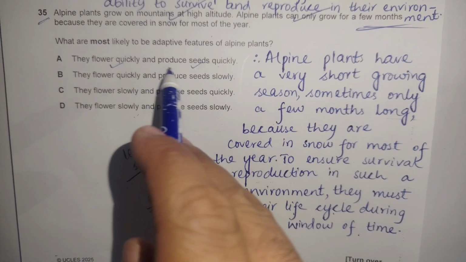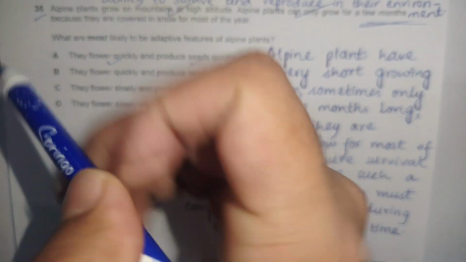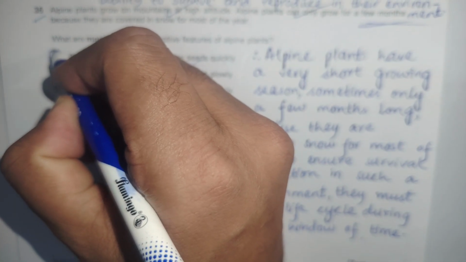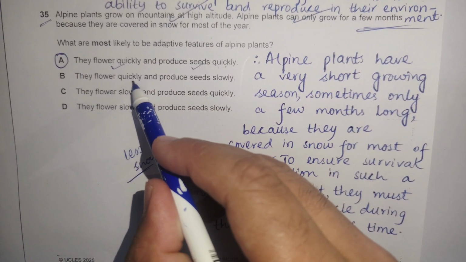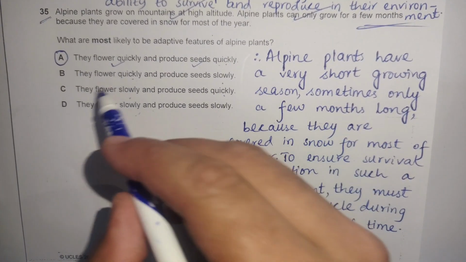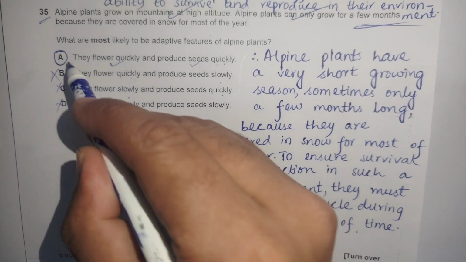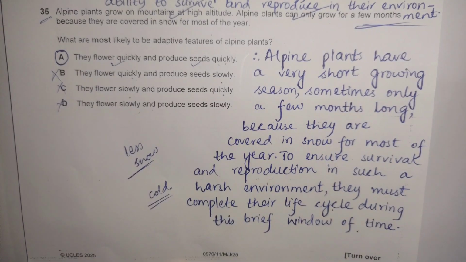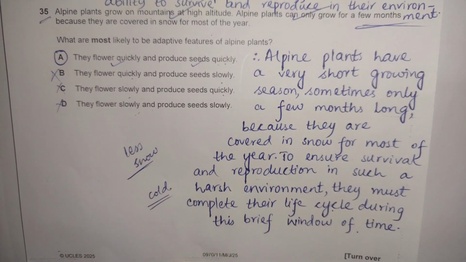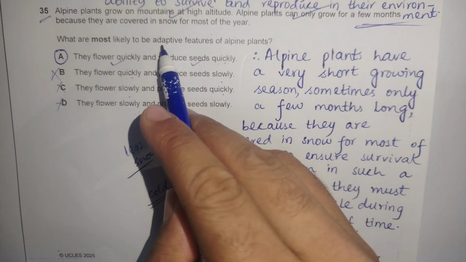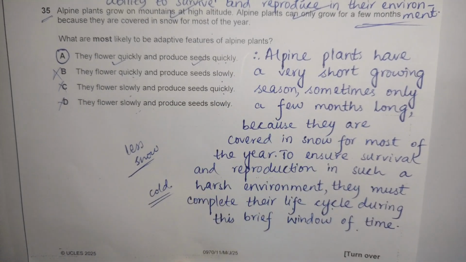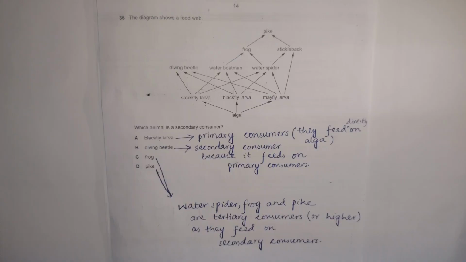So they flower quickly and produce seeds quickly. This is your correct answer. All the 3 other options have one quickly, one slowly, slowly, quickly. So 3 of them are wrong and this is the correct option. I hope you have understood how to find the adaptive features of alpine plants.